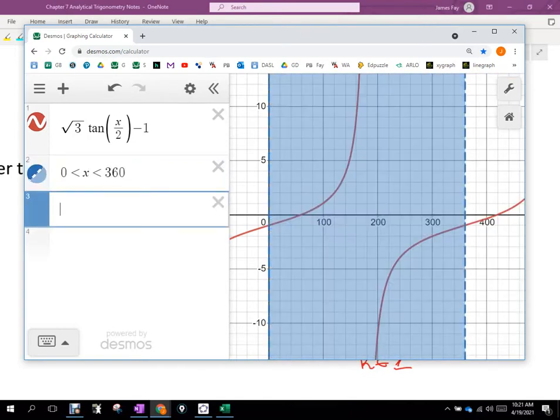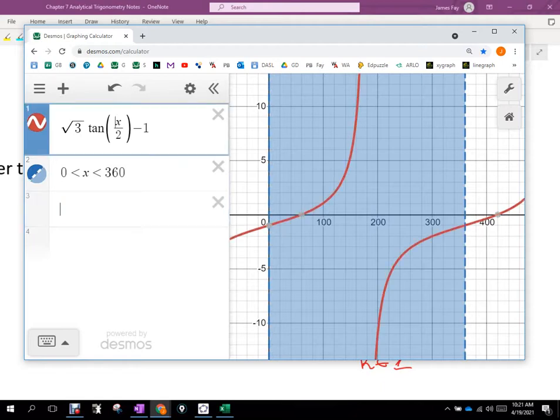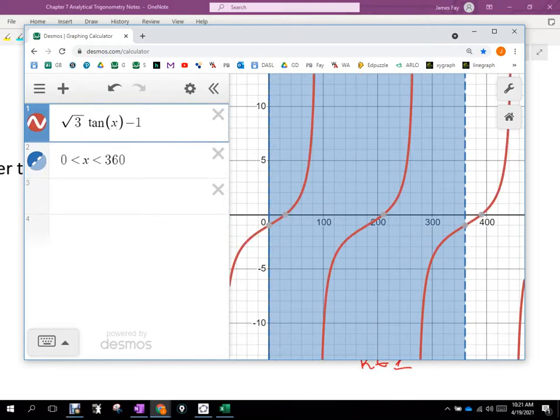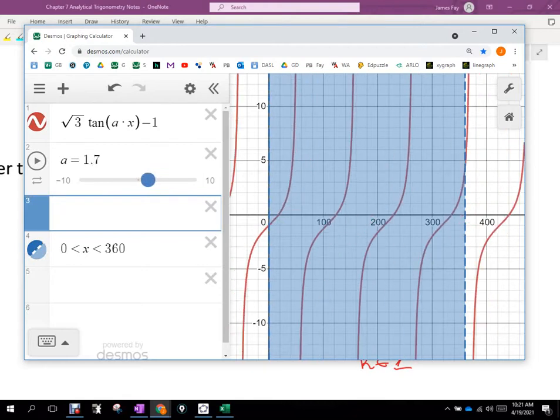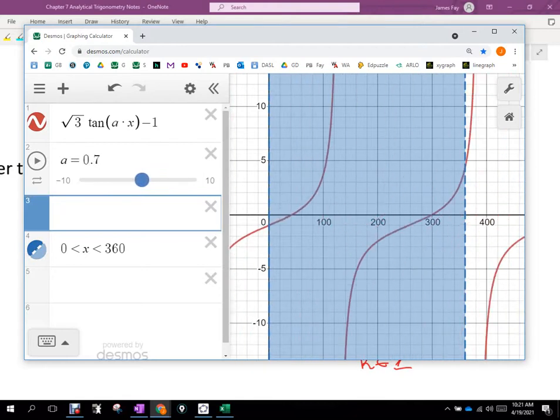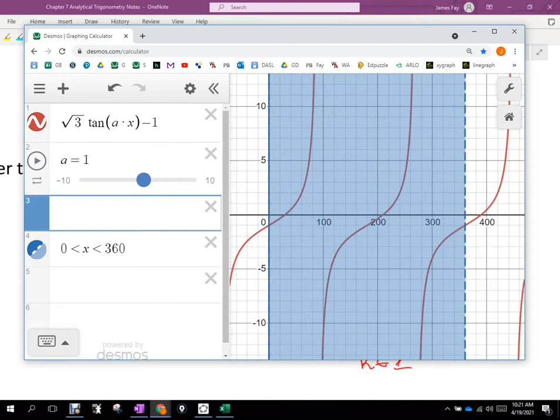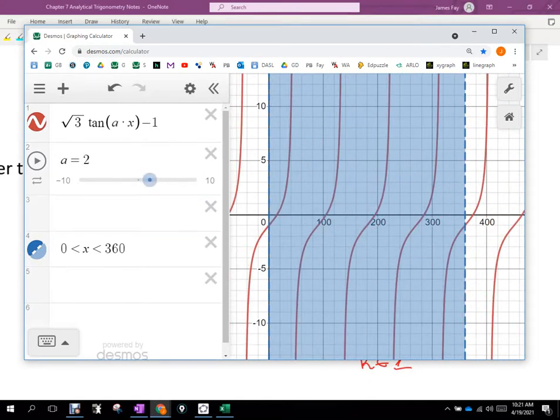We can see that in that interval 0 to 360, there is only one intersection of the x-axis, right? Now, if I have x over 2, that's the same thing as 1/2 times x. So let's say that instead of 1/2 x, we have 2x. So from 1x to 2x, we push things down. We squeeze it down, right? And when we squeeze it down, more solutions get pushed into this blue interval.